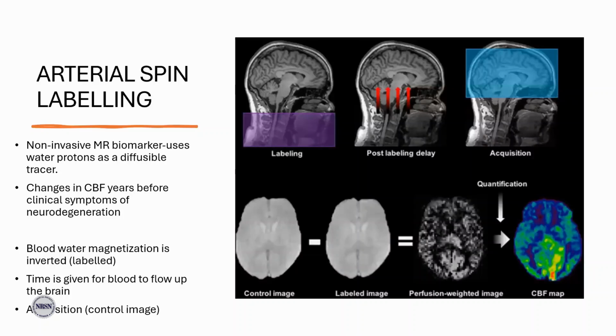Now, it is important to note also that changes in cerebral blood flow will occur years before clinical symptoms of neurodegeneration are seen, even in structural volumetric analysis in MRI. When you have a perfusion weighted image, there are also powerful algorithms and computer processing that help us to get a cerebral blood flow map.